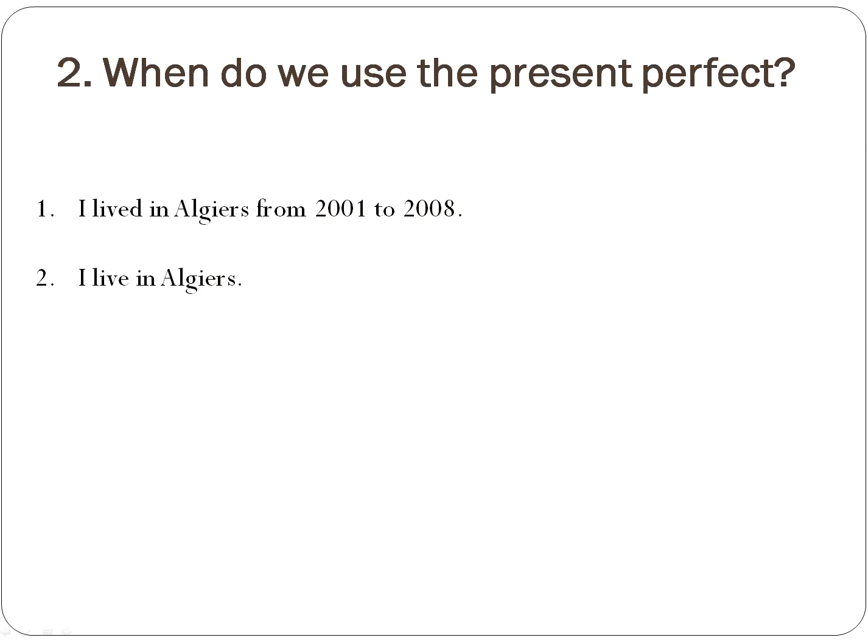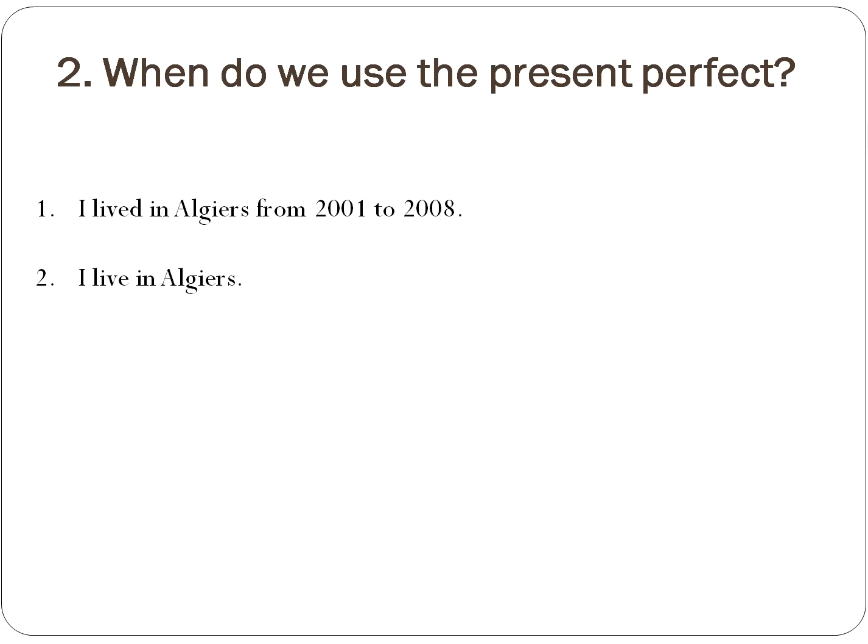When do we use the present perfect? Let's consider the two sentences that we have here. I lived in Algiers from 2001 to 2008. I live in Algiers. Okay, when you use this verb in this form, I lived in Algiers from 2001 to 2008, the action is finished, right?